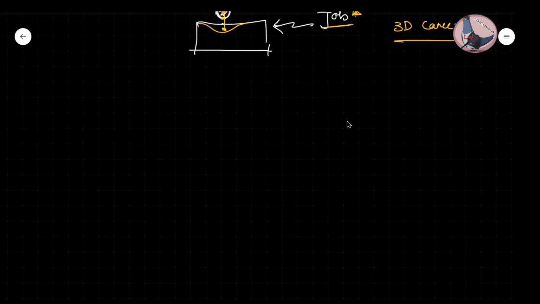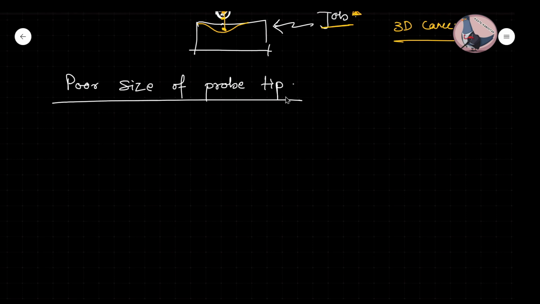With this, one more I should tell you: because of poor size of probe tip. Now, what do I mean by this? It's better if I show you a diagram for this, then you will understand it better.